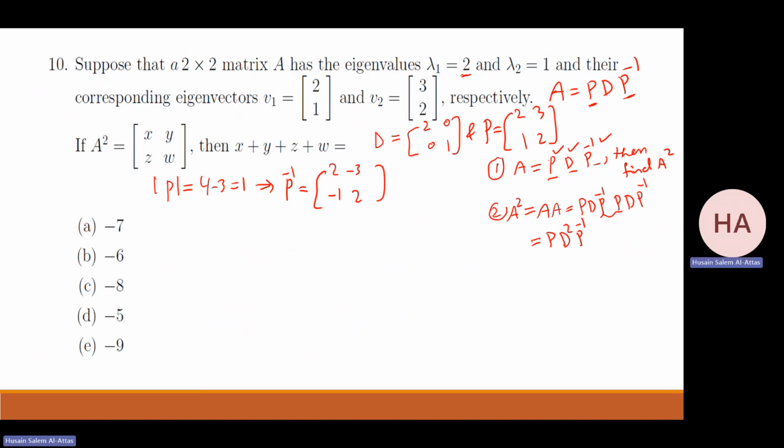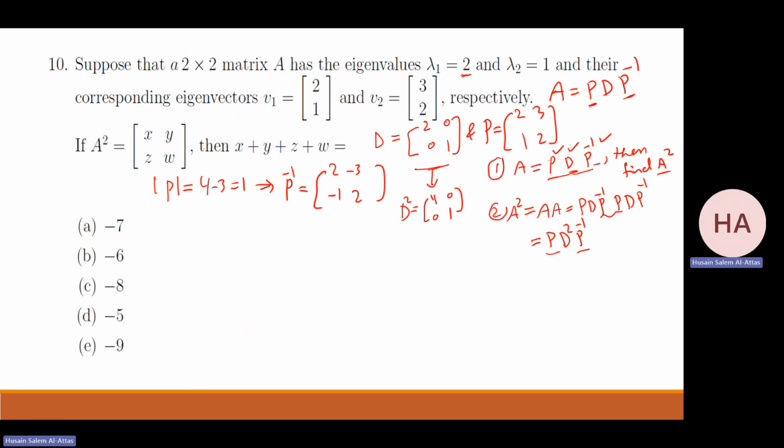To square a diagonal matrix, you just square the diagonals. So D squared will be 4, 0, 0, 1. So I have only two products. In this case, I have two products and a third one when I find A squared. So I save one product.